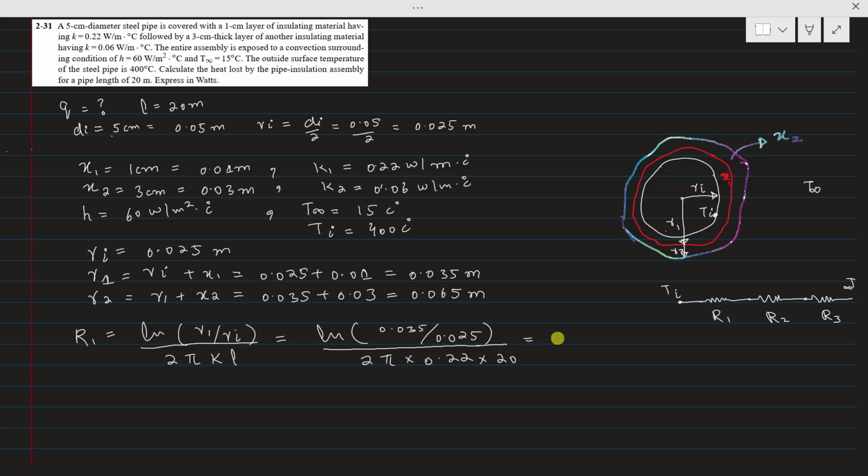After simplification on the calculator, you will get the value 0.01216.